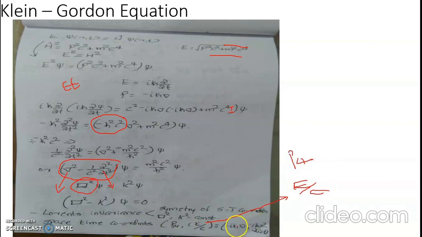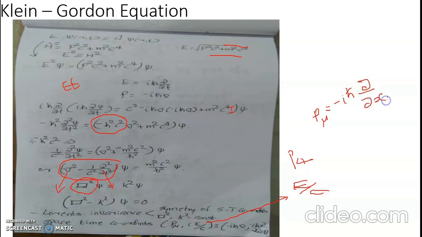As you can see, p_mu, where mu varies from 1 to 3, with p1 being px, p2 being py, and p3 being pz, is equal to minus iħ ∂/∂x_mu.